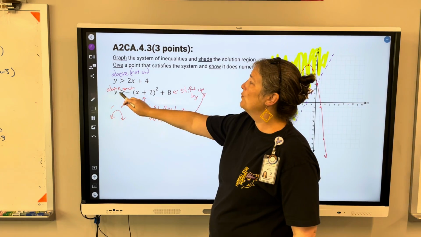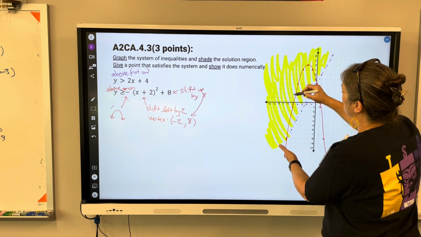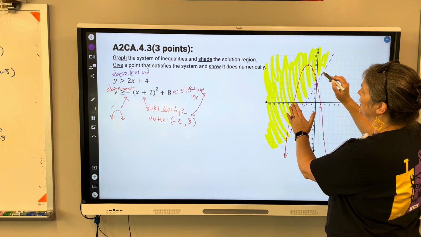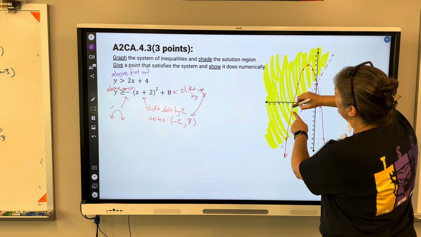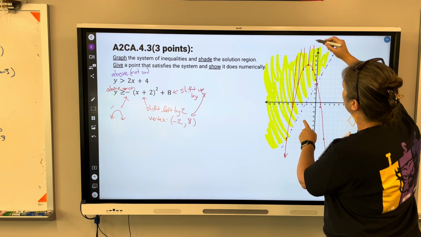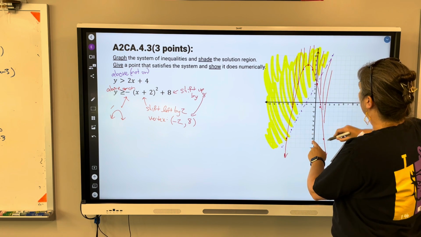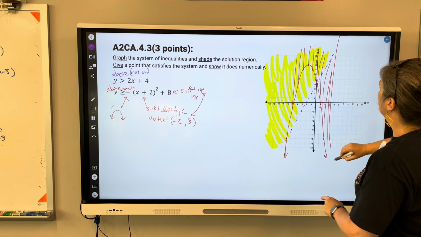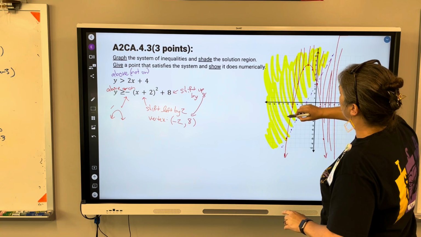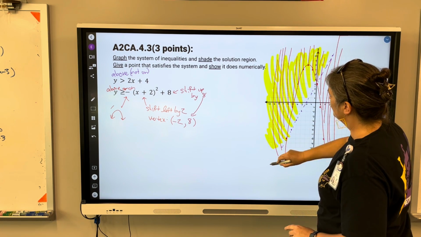Now I want all the y's that are above that parabola, because these y's are on the parabola for each of the given x's. But for this x, I want all the y's above. For this x, I want all the y's above. This one above, above, above, right? So all of the things above my parabola will make the inequality true.